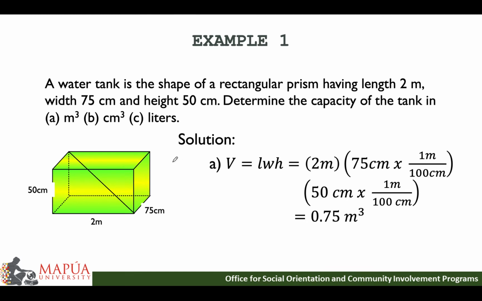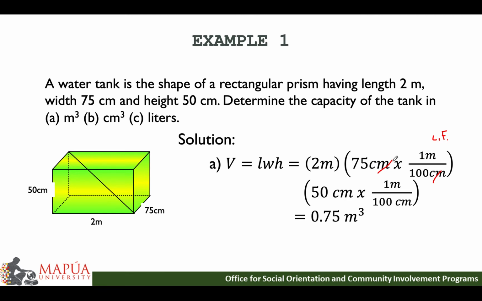This is in cubic meters, so we convert the 75 centimeters to meters, and we know the conversion factor is for every 1 meter we have 100 centimeters. We want to cancel out the unit centimeters, so it must be in the denominator.